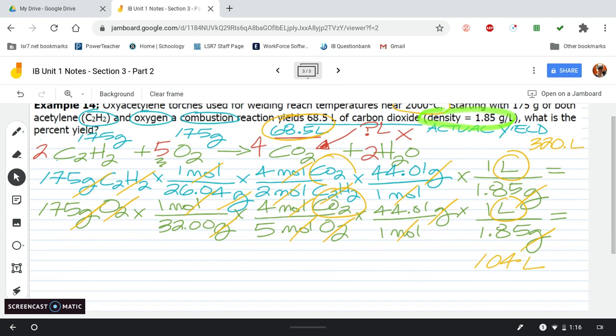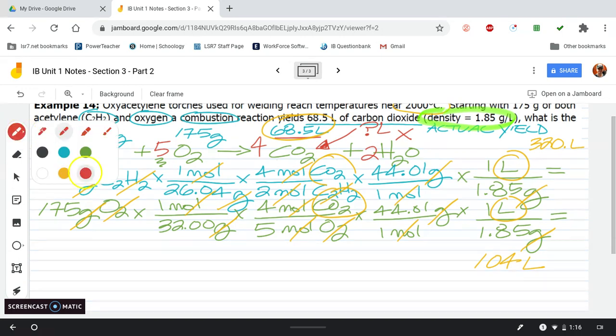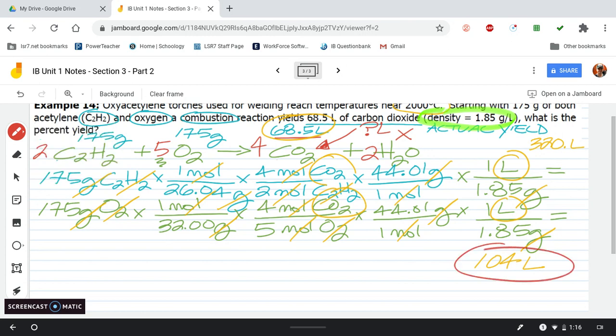So we can finish this one up. We're going to keep the 104 because it's smaller, limiting. So with limiting problems, you pick the smaller one. I'm going to cross out the 320. That never happened. I'm now going to do my percent yield, and that's going to equal my actual, so my 68.5 liters.